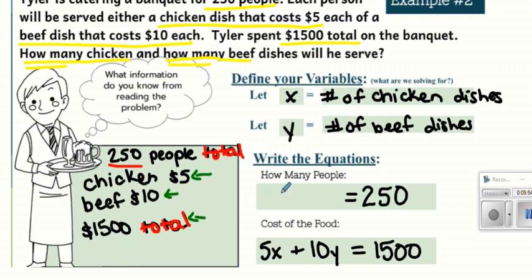So I'm going to add all of my chicken dishes plus all of my beef dishes and set them equal to 250. So our two equations for our system are x plus y equals 250 and 5x plus 10y equals 1500.